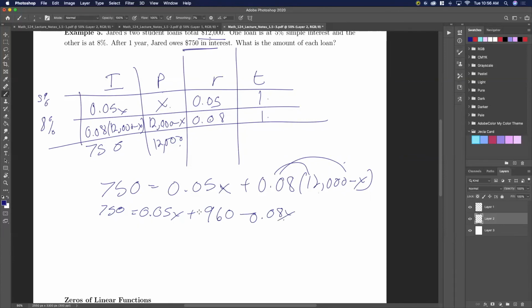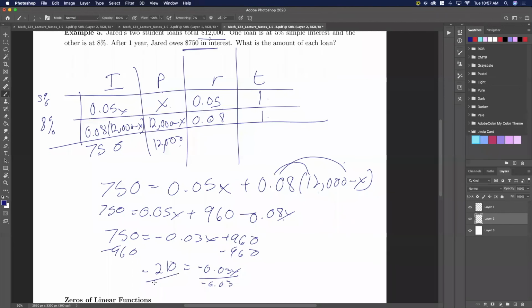If I put these together, 0.05 minus 0.08 gives me 750 equals negative 0.03x plus 960. I'm going to subtract 960 from both sides, and I get negative 210 equals negative 0.03x. Then I'm going to divide by negative 0.03.